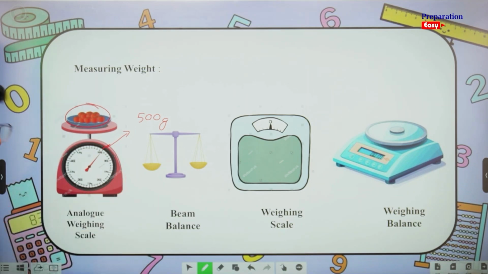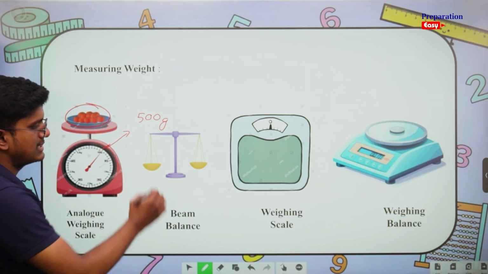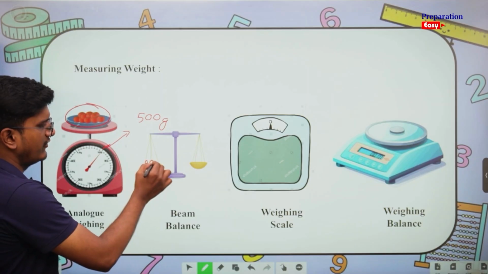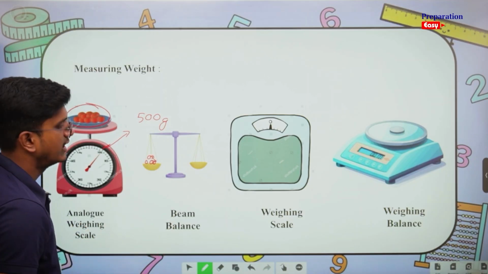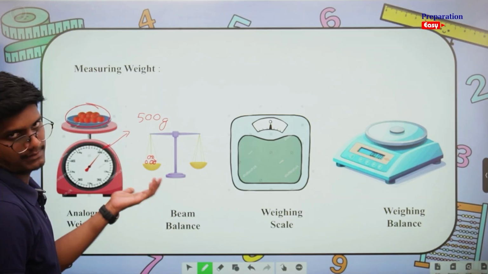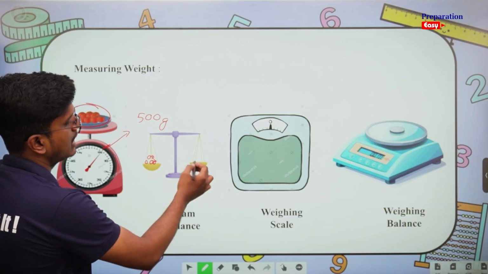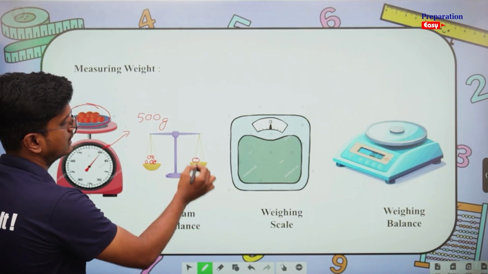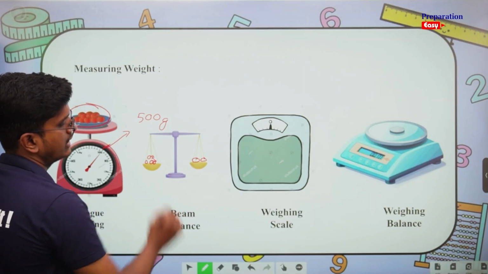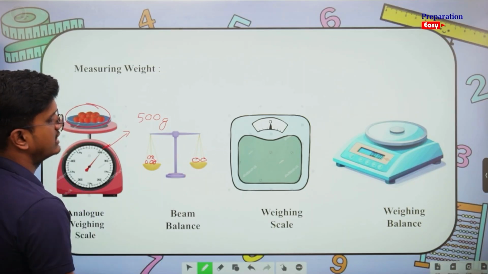The second one is the beam balance. Here we can keep anything whose weight we want to measure, such as fruits and vegetables, and in this section we can keep known weights, like 1 kg or 2 kg, and measure with this.